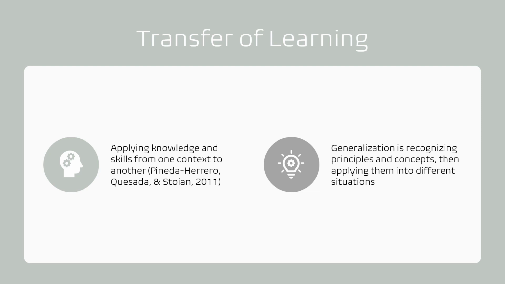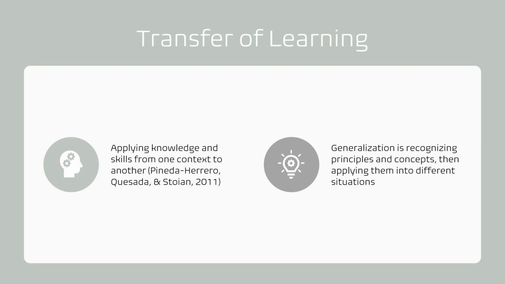So now on to what is transfer of learning and defining what that means. I want to also preface with I apologize in advance if I mispronounce the authors' names throughout this presentation. I'm definitely going to do my best to say them correctly. So Pineda, Herrera, Quesada, and Stoyan in 2011 define transfer of learning as applying knowledge and skills from one context to another.